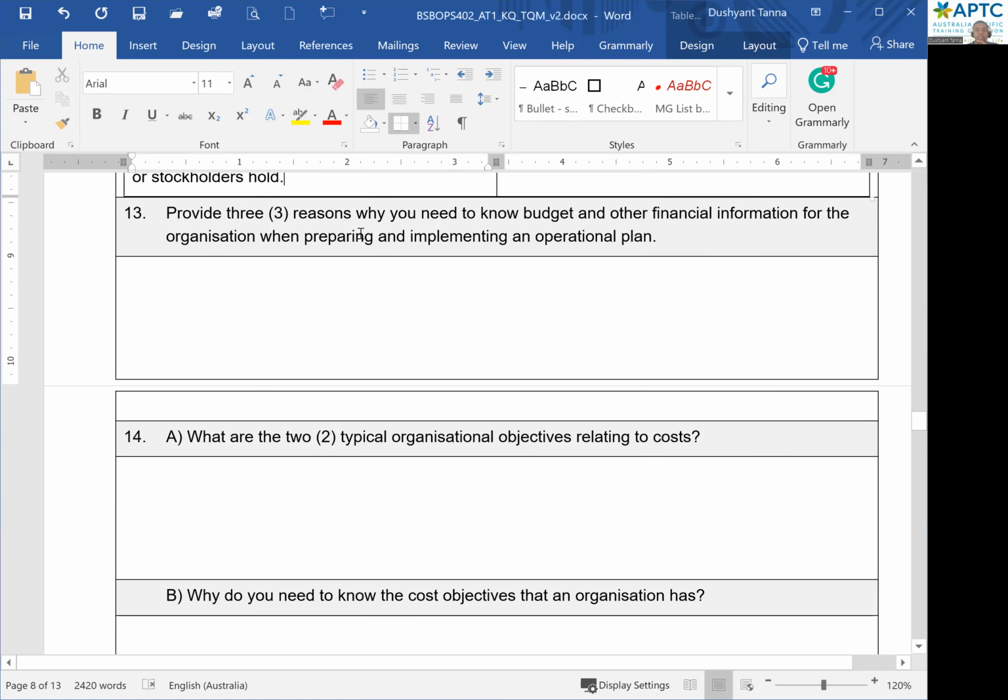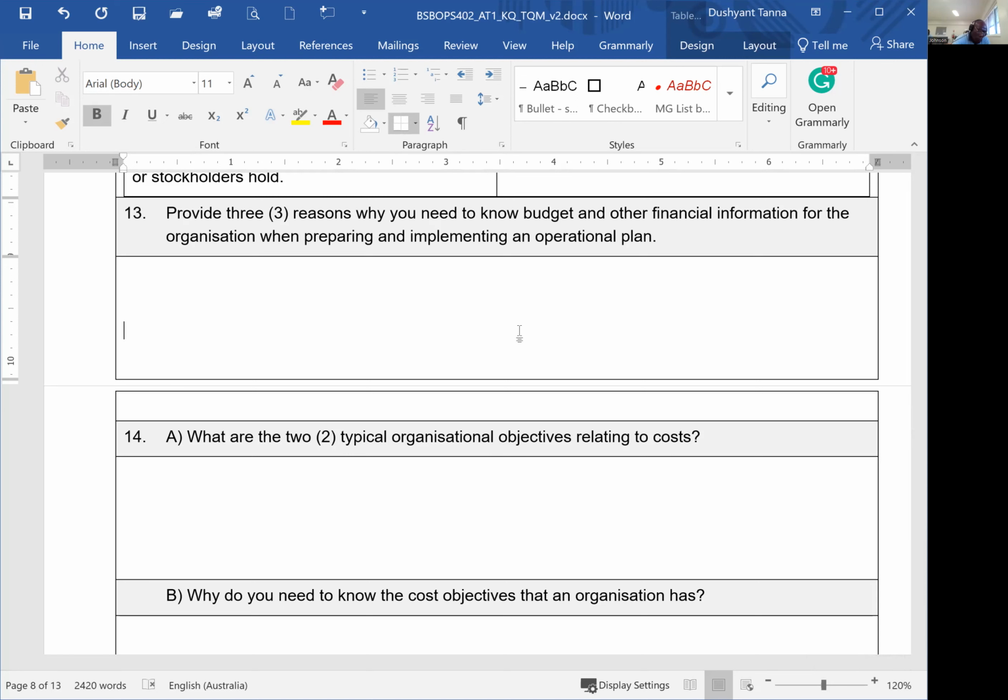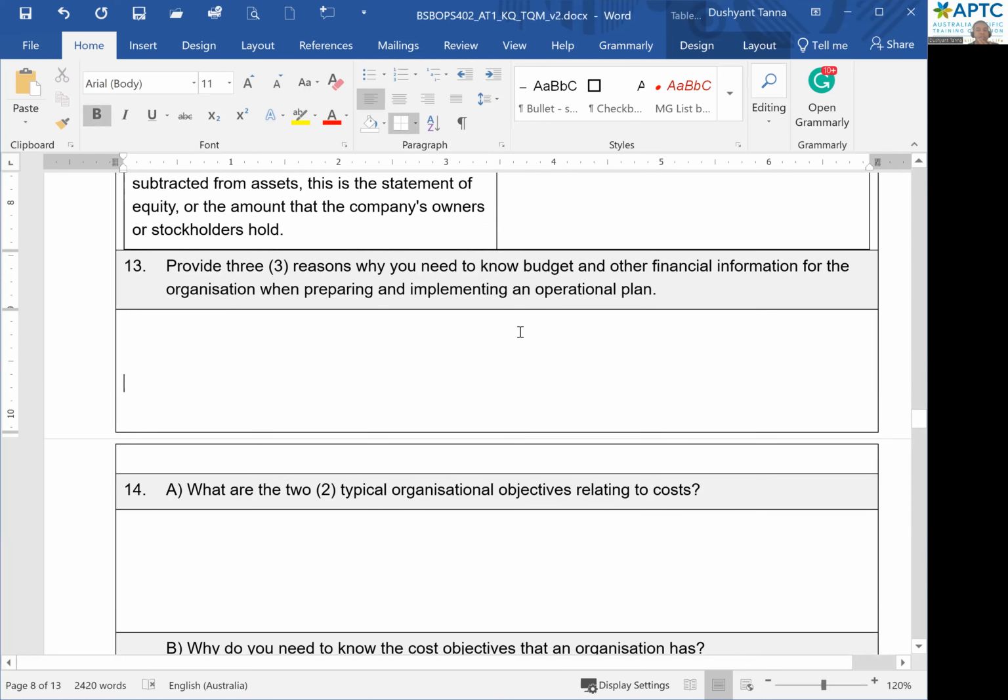Provide 3 reasons why you need to know the budget or other financial information for the organization when preparing and implementing an operation plan. Number 1, to get a feel for the financial performance. If you don't know the budget or financial information, you are just shooting in the blind.